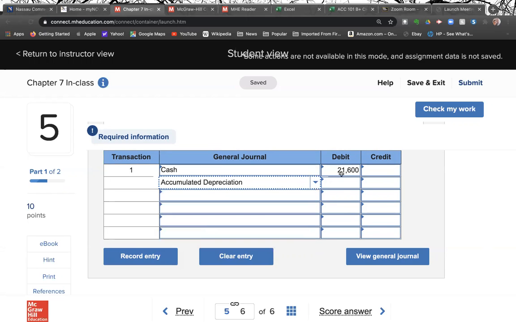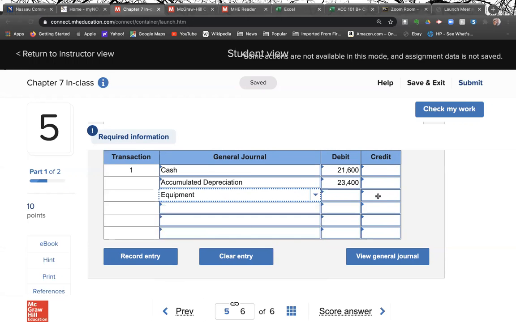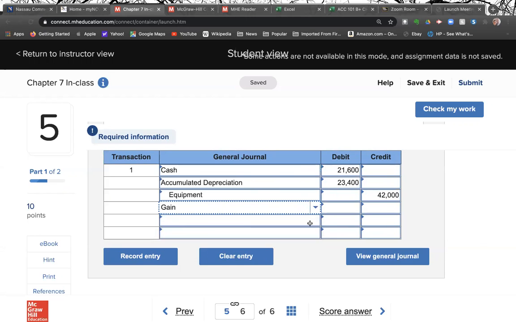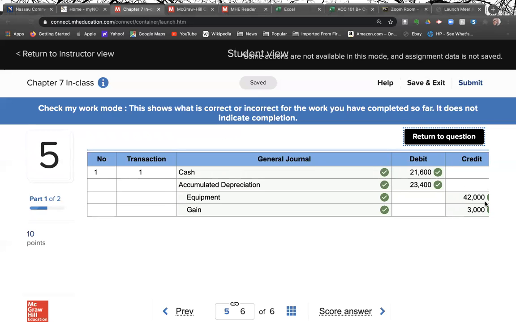Accumulated depreciation, I think that was 23,400. Equipment was 42. Gain was 3. Check my work. Correct.